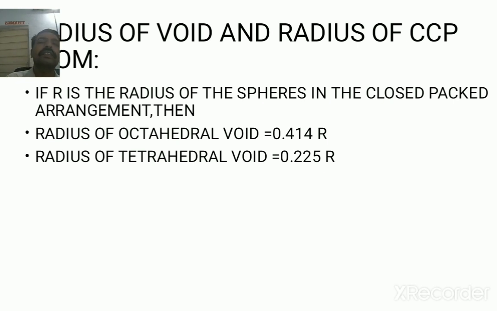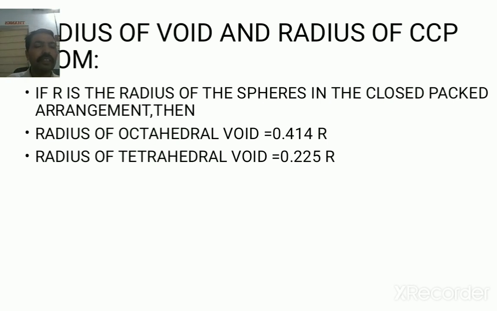Now some relations on the octahedral void: the size of the octahedral and tetrahedral voids and the size of the atom, the radius of the voids and the radius of CCP atom. If capital R is the radius of the sphere in the close pack arrangement, then the radius of the octahedral void is equal to 0.414 R and the radius of the tetrahedral void is equal to 0.225 R. This is all about packing efficiency.